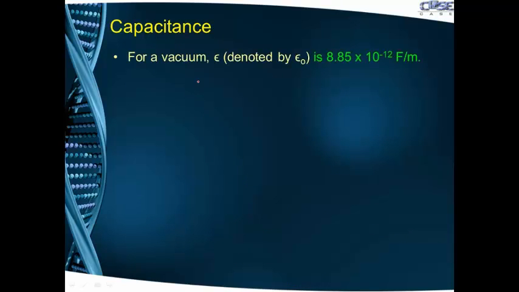For a vacuum, the permittivity is denoted by epsilon naught, this is for reference, and its value is 8.85 times 10 to the power minus 12 farad per meter.